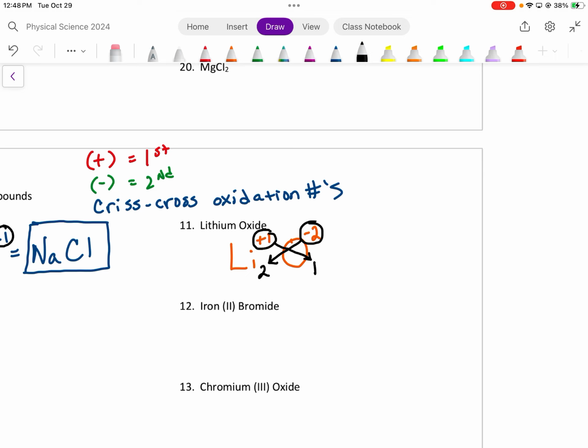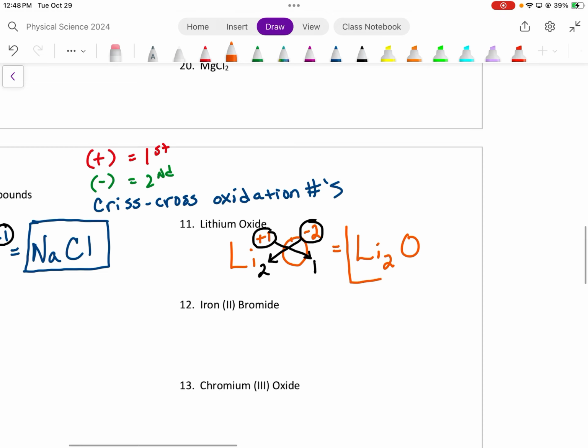So I crisscross those, I drop them down. I drop the positives and negatives. So there's my formula. I don't need the oxidation numbers anymore. And remember, we never show the 1, so I'll get rid of that. There's my correct formula for lithium oxide, Li2O.